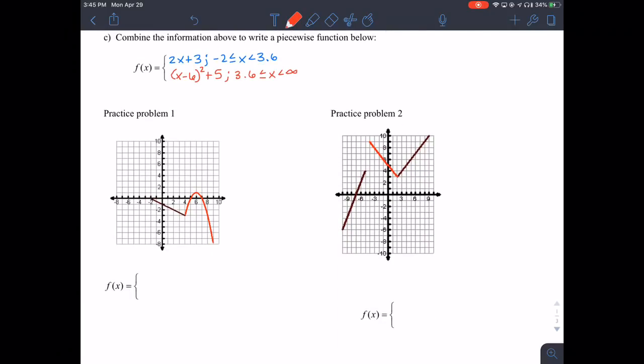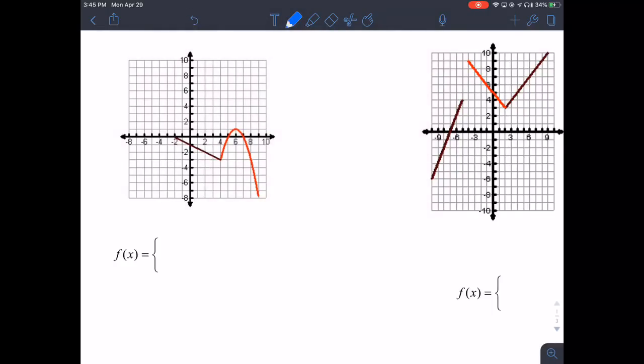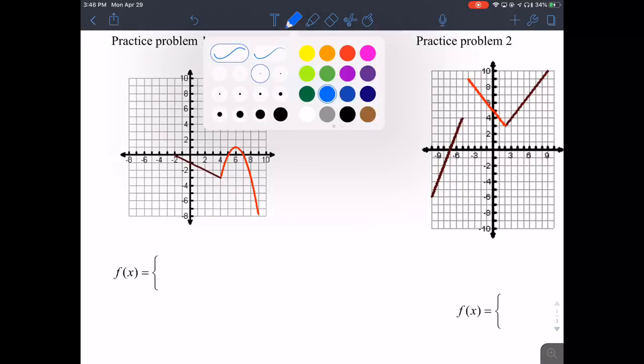Let's look at the first example together. I want you to pause the video and write in your equation for the linear function and then the equation for the quadratic function. So your linear should have been y equals -1/2 x minus 1.